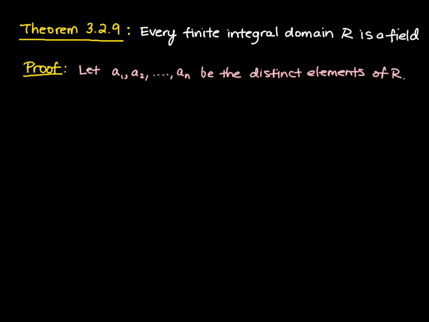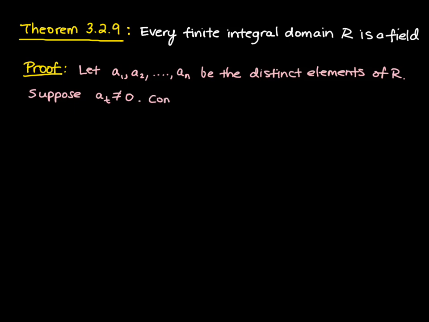And so what we're going to do is take any non-zero element, so let's call that A sub t. So suppose that A sub t is not equal to 0. And we want to now take this A sub t and multiply it by every element in our ring.